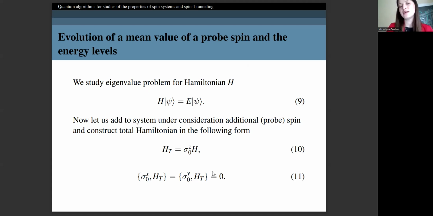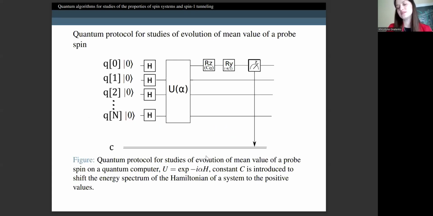So we studied different systems on the basis of this method, on the basis of this algorithm, and the general protocol for the studies is the following. We have to prepare the initial state. We consider the state to be plus plus plus. So this is a superposition of all basis quantum states of n qubits, n plus 1 in this case.